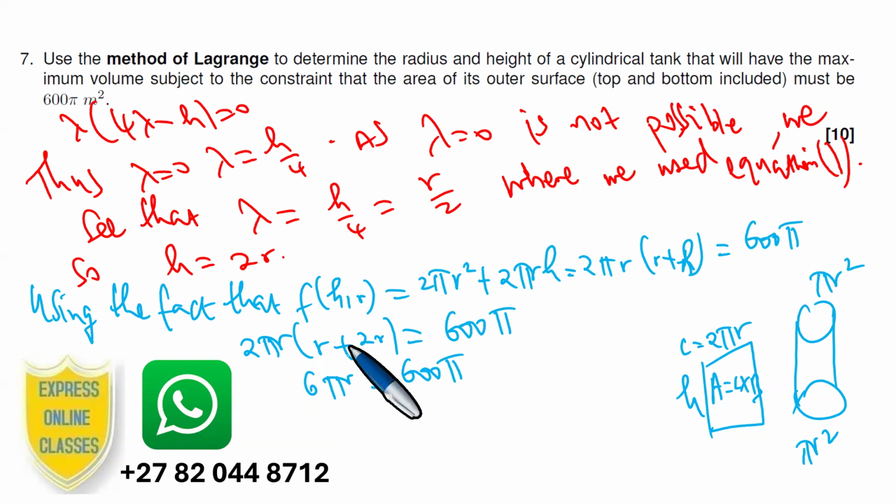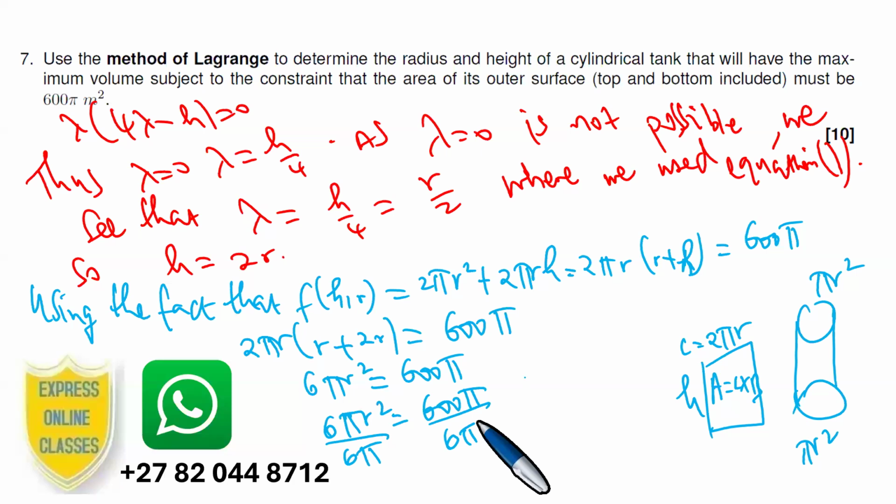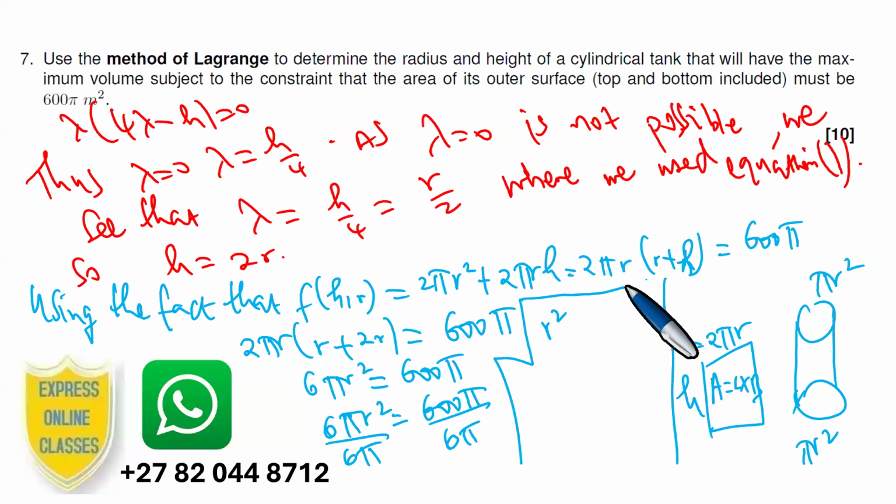Dealing with cylinders, we divide through by 6 pi. R squared is 600 pi divided by 6 pi, which means it is exactly 100.